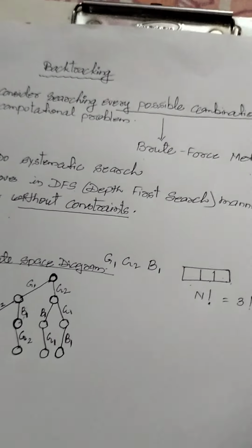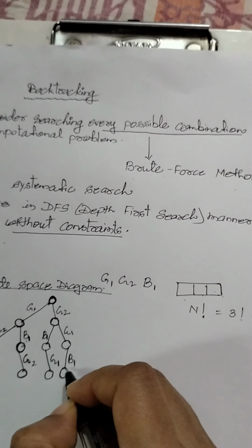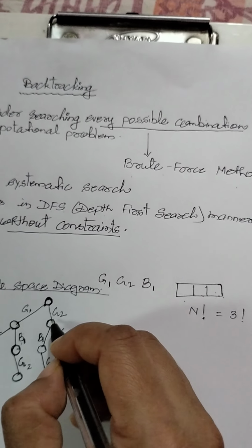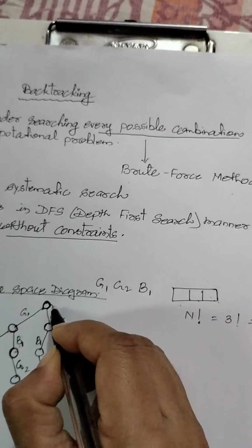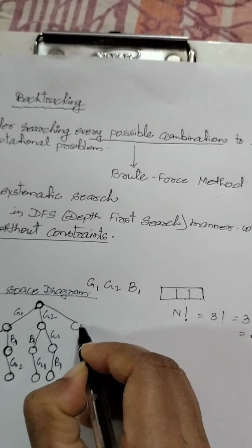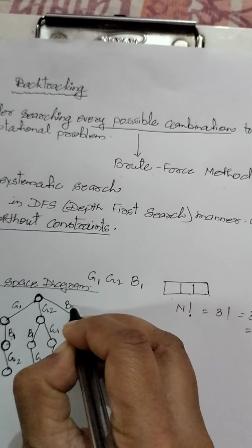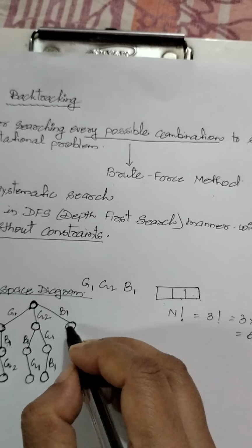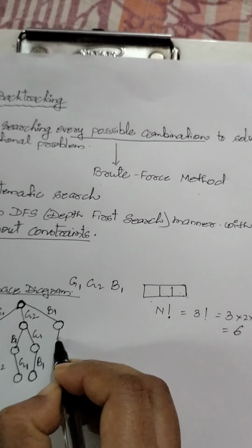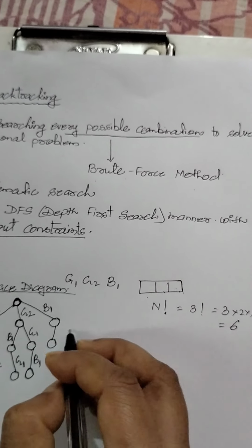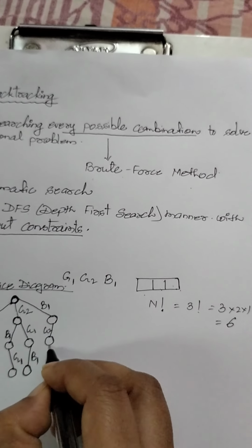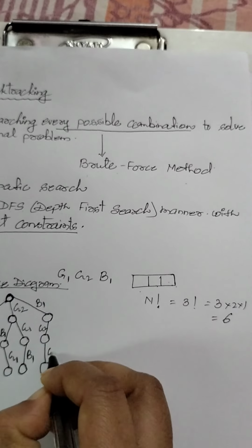Now remove B1 from the third chair, G1 from the second chair, and G2 from the first one. Again, we have 3 places empty. So at the first chair, now B1 can sit. When B1 has already taken a place, then for the second place girl G2 can take a place, and then girl G1.